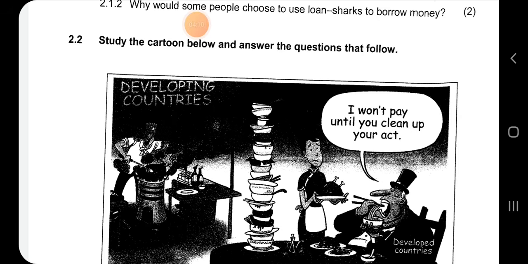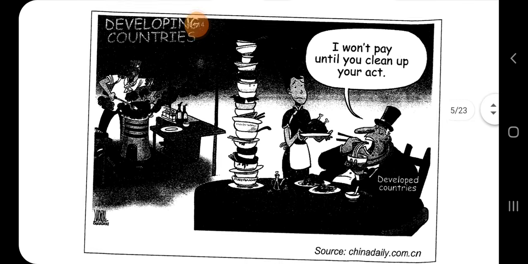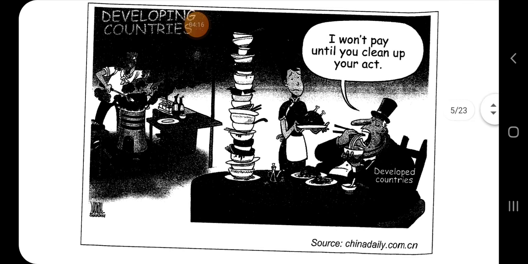Okay, so study the cartoon below and answer the questions that follow. Developing countries. It says, I won't pay until you clean up your act. Developed countries. So that one is developing countries. At the top there, that guy looks like he is trying to burn something.